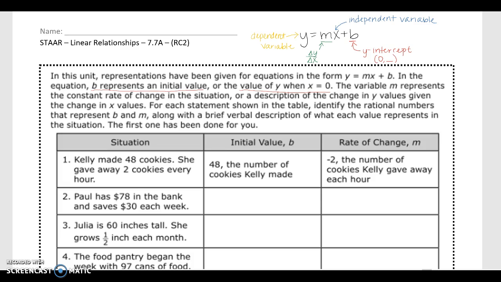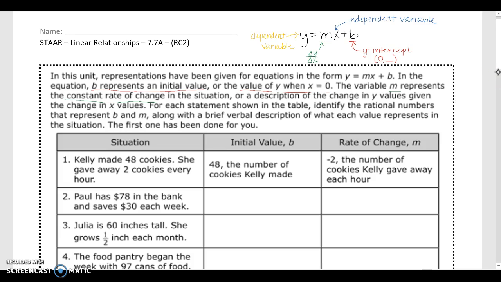The variable m represents a constant rate of change in the situation, or a description of the change in y values given that the x value changes. For each statement below in the table, identify the rational numbers that represent b and m, along with a brief description of what each variable represents in the situation.